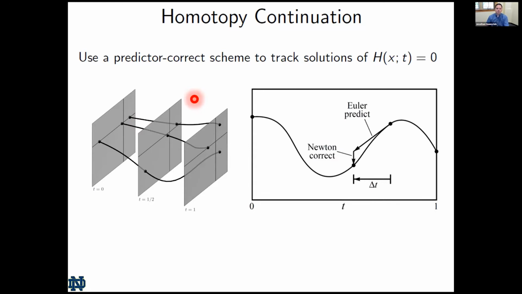Now you have a good starting point for Newton's method that you can quadratically converge to give the answer to arbitrary precision, however you would like. Okay, so that's the whole idea of homotopy continuation. We don't know where to start, so we're going to pick a different system with known solutions and start there, and then continuously deform back to what we want.